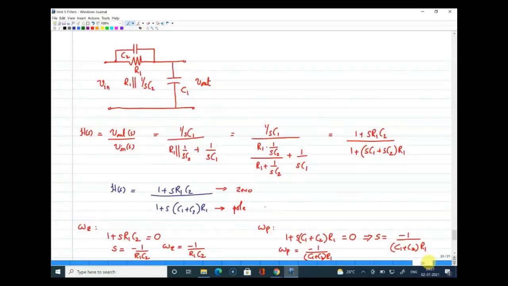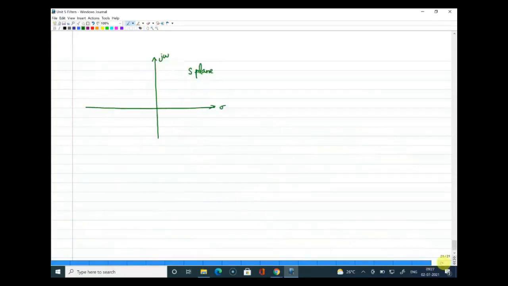now look at the expressions and can you guess whether omega z or omega p is greater? I'll write both the expressions here. Omega p is equal to minus 1 by R1 into C1 plus C2, and omega z is equal to minus 1 by R1 into C2. So what do you think, whether the pole or zero will come first?